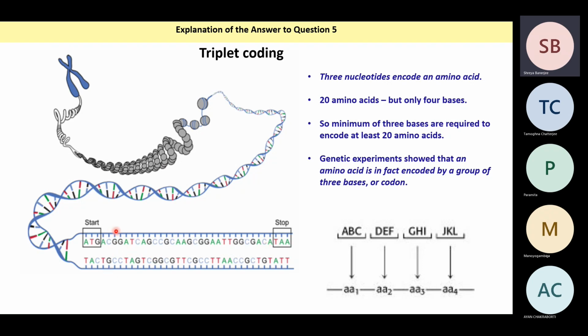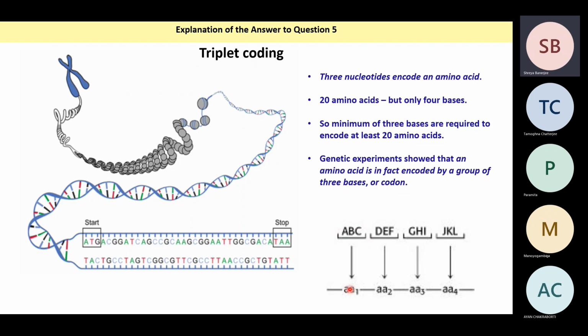You know, from DNA we get RNA, and from RNA we get protein. So the protein is already coded in the DNA. And the way this is coded is that three bases are required to code for each of the 20 amino acids. And this group of three bases is called a codon.